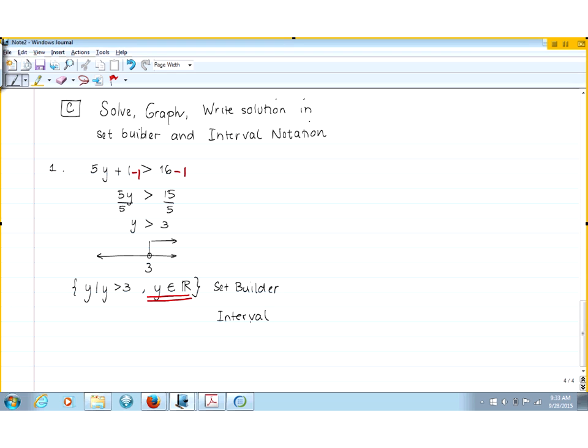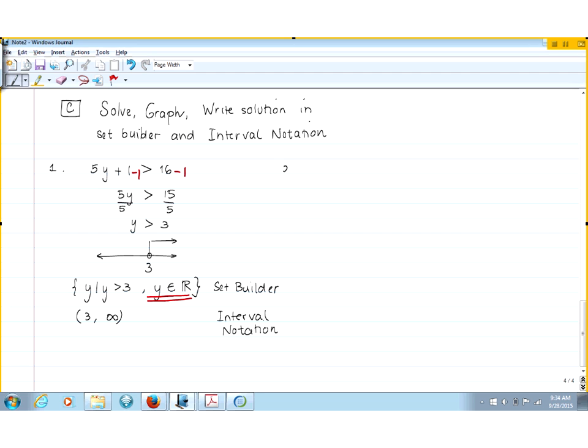How about my interval notation? 3, comma, infinity. And I'm using bracket or parentheses? Parentheses for both. So 3 to infinity.